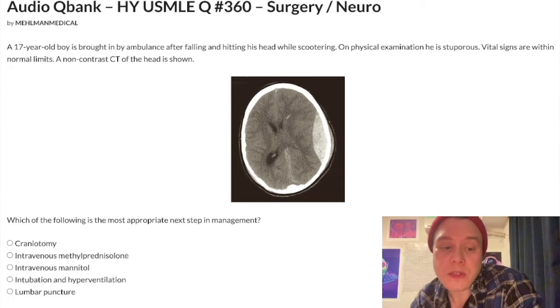Now, steroids, wrong answer in the setting of bleeds. That's very important. Steroids, however, are a very important answer for brain cancer, primary and metastatic, as well as mets to the spine, okay? If we have neurologic abnormalities.